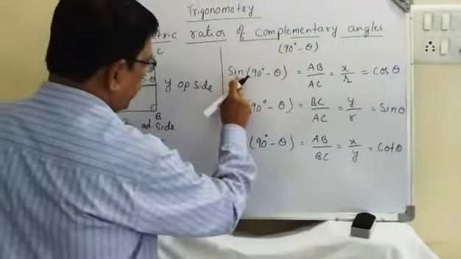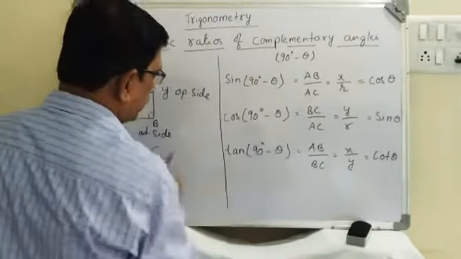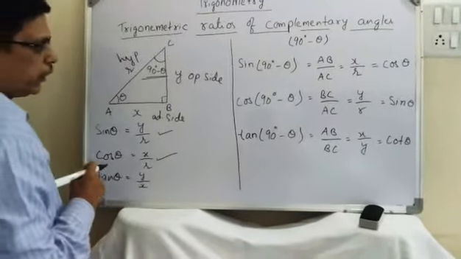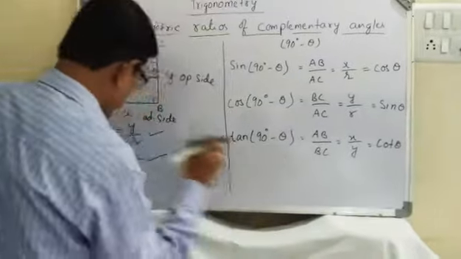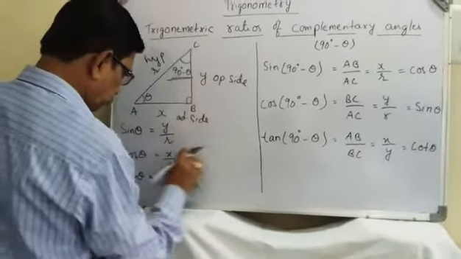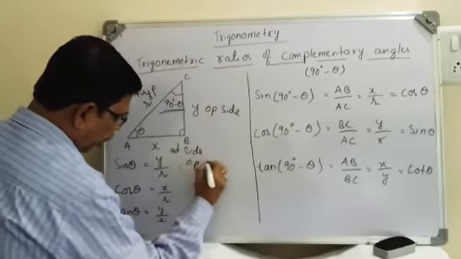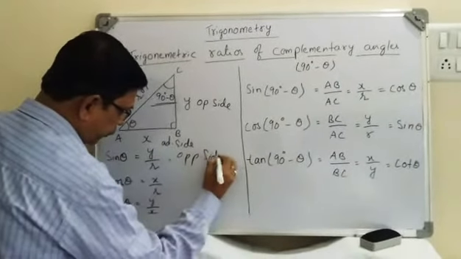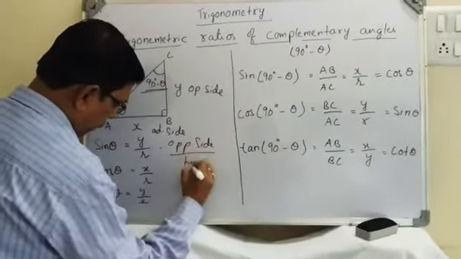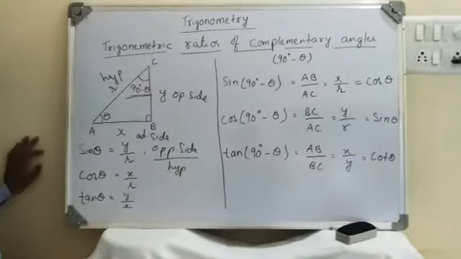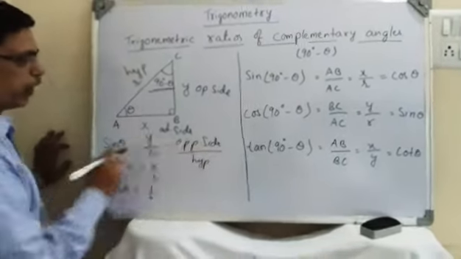So first we took sin 90 minus theta. What is the ratio of sin? The ratio of sin is the opposite side by hypotenuse.